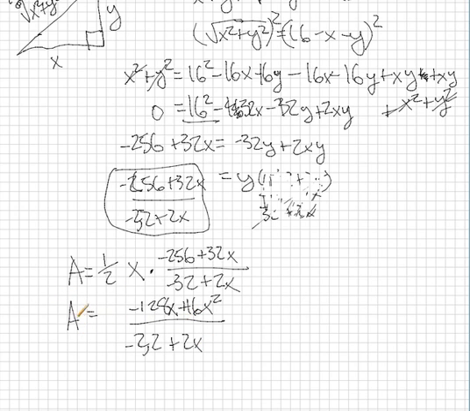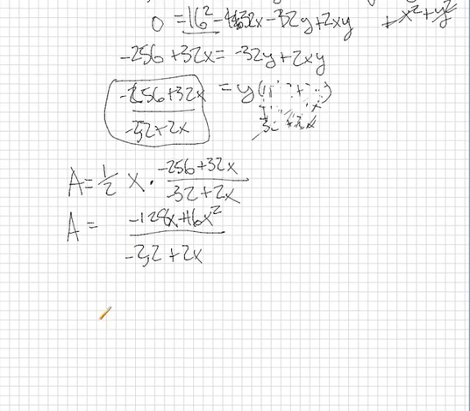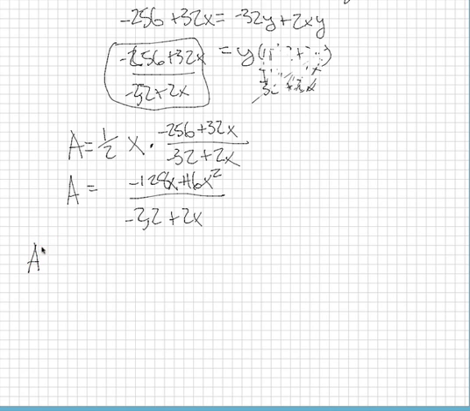So now what we want to do is maximize it. So we're going to take the derivative of it. A prime is going to be the derivative, and we're going to use the quotient rule. We're going to take the derivative of the top, which is negative 128 plus 32x, times the bottom, which is negative 32 plus 2x.